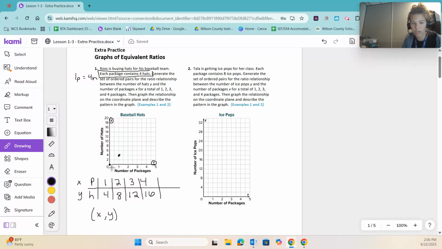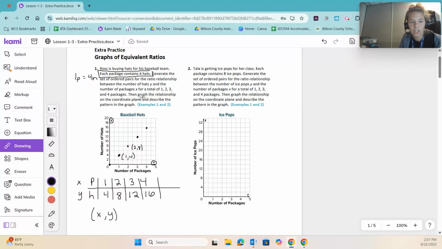So we go to 1 on the packages, and we go up to 4 on the number of hats. So that ordered pair is 1, 4. And for 2 packages, we have 8 hats, so we plot that point at 2, 8. Then 3 packages is 12, and 4 packages is 16. Those ordered pairs correspond with our table.